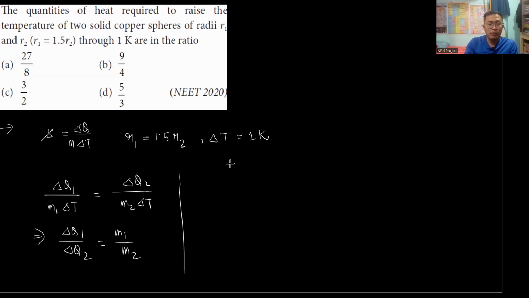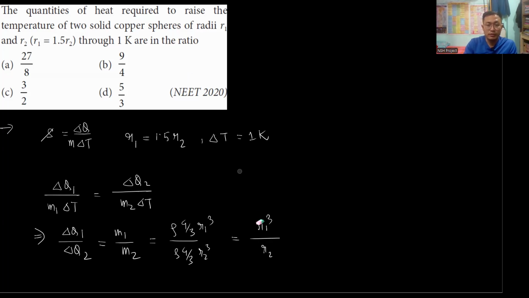Now M1 by M2: mass is density into volume. So 4 by 3 pi R1 cube and 4 by 3 pi R2 cube, everything cancels, leaving R1 cube by R2 cube, where R1 is 1.5 R2.